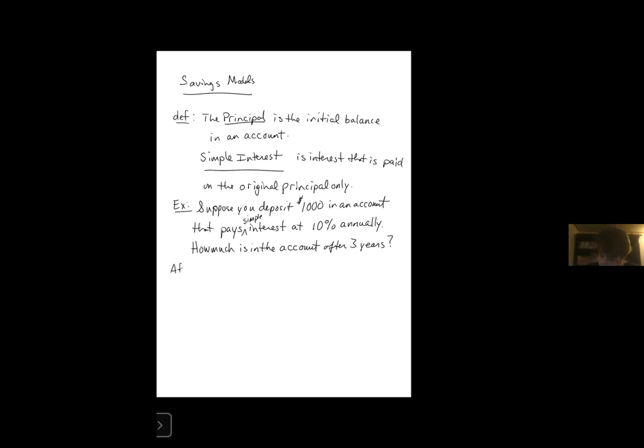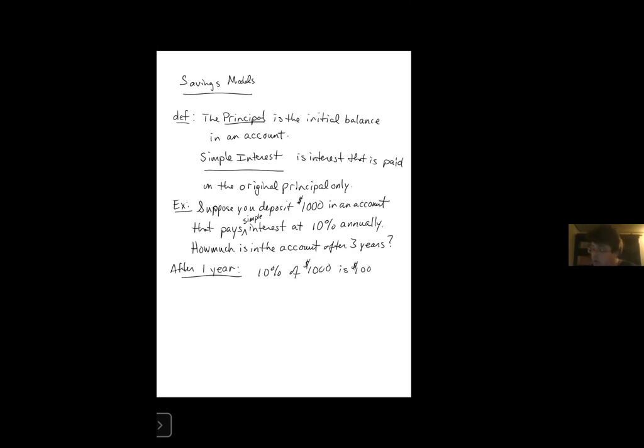Well, let's look at after 1 year. Well, what happens in 1 year? Well, how much interest is there? Well, we earn after 1 year 10% of $1,000. 10% of $1,000, 1,000 divided by 10.